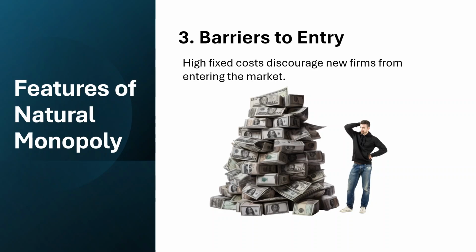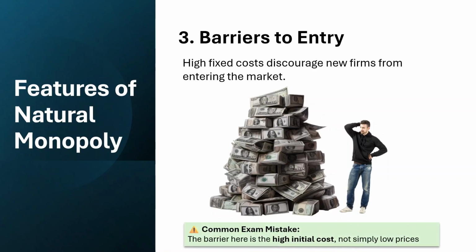Notice the cause and effect here. High fixed costs lead to barriers to entry, which protect this monopoly. Remember, the barrier here is the high initial cost, not simply low prices. Low prices are a result of efficiency, not the main reason why firms stay out.